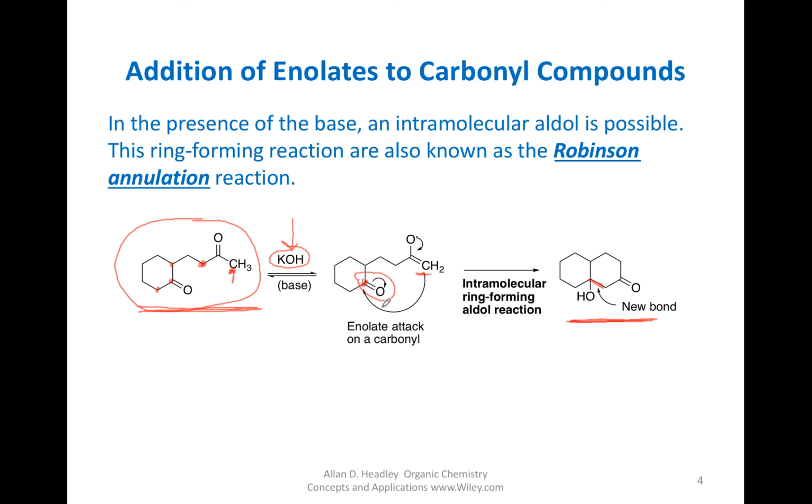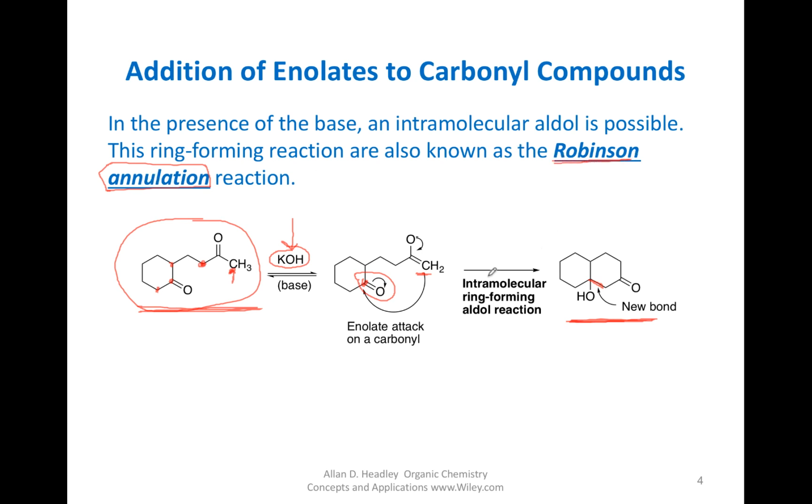intramolecular aldol reaction. This type of reaction has a name. It was discovered by Robinson, and so it's known as the Robinson annulation reaction. Annulation here means ring forming. So it's a ring forming reaction discovered by Robinson.